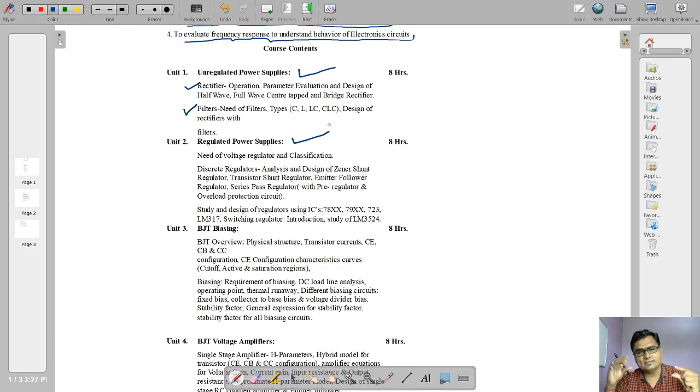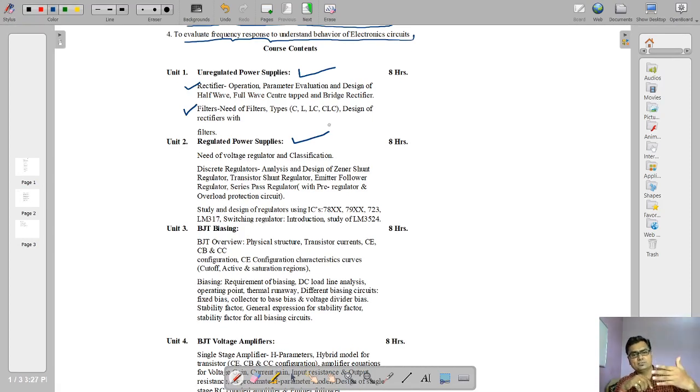So if I change some parameters, this output voltage changes. This change in output voltage is not desired, because if we are designing a DC power supply, then the DC voltage should be constant. So how to make that DC voltage constant or stable, you will learn in the regulated power supply. And these two chapters are fully related to power supply.